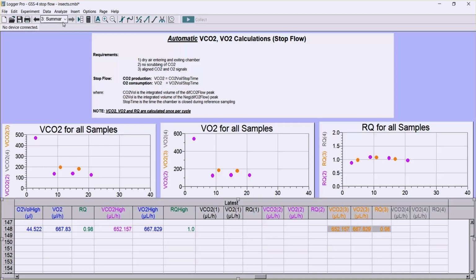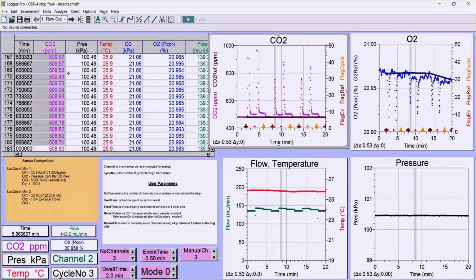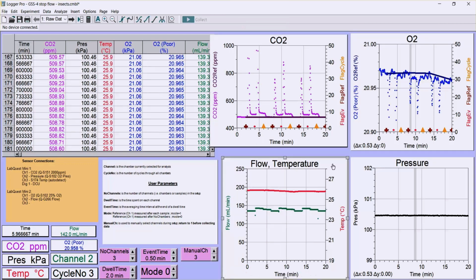As a couple of final notes, when collecting your experimental data and running your experiments, I mentioned this in the setup videos: it's really important to save your data periodically, because LoggerPro does not automatically save data.